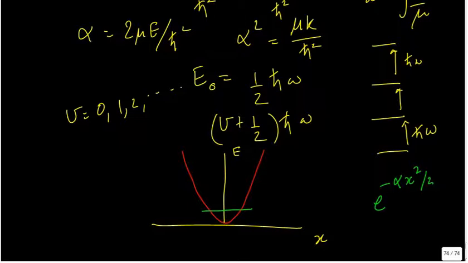Okay. But it goes all the way to infinity and minus infinity. So it's essentially decaying. Yeah? As a square of x. E to the power minus x squared. Alpha is a constant, I guess. No? 2 mu E by h cross squared. They are all constants. Energy is also half h cross omega in this case.